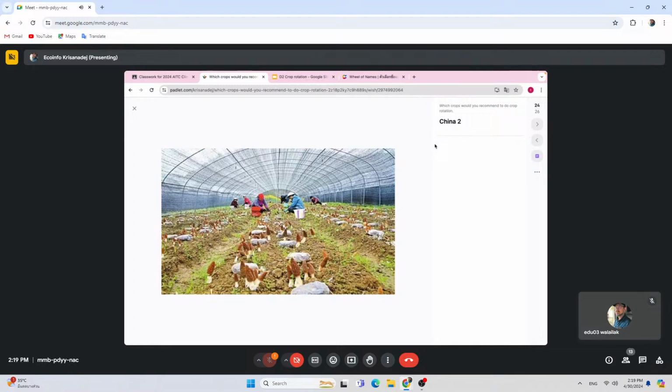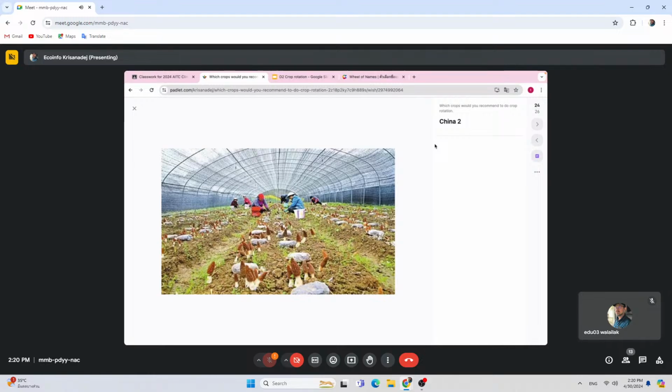It's very expensive, about 120 RMB per kilogram.